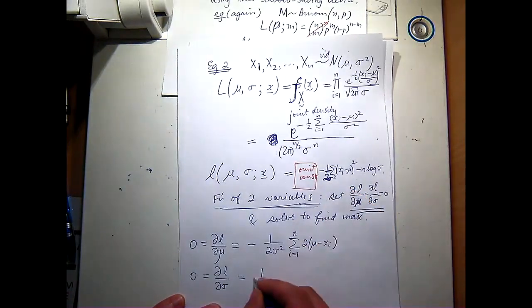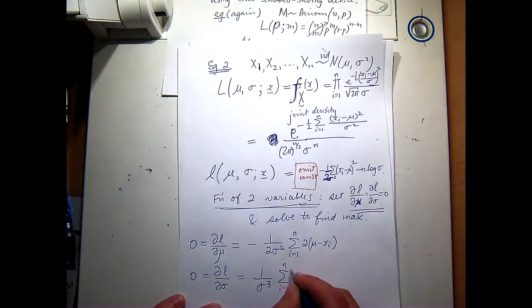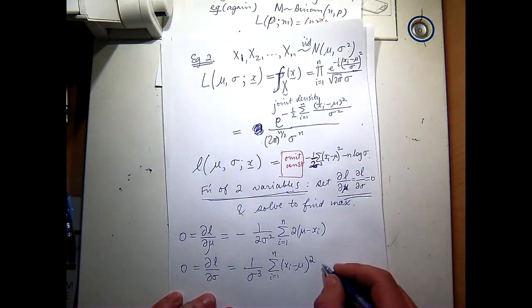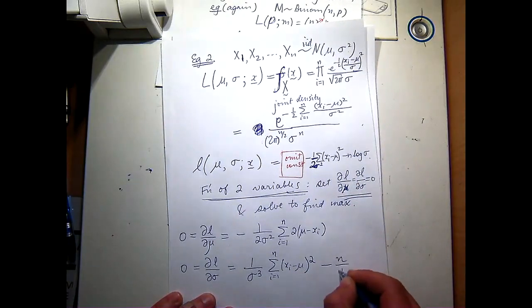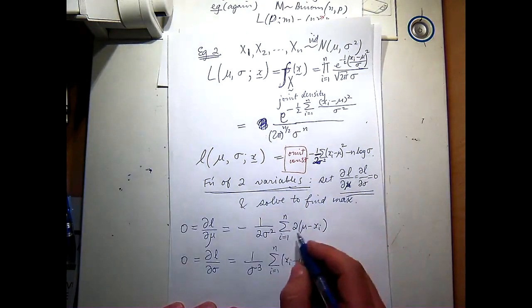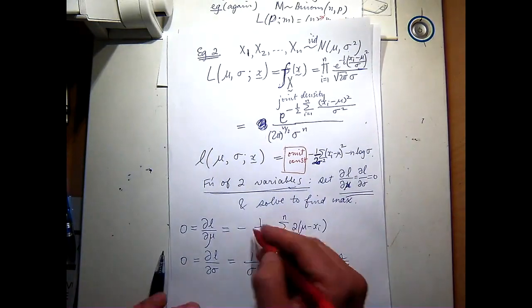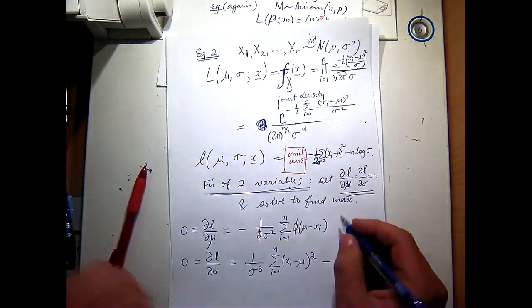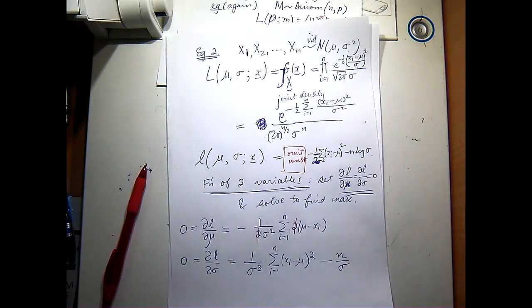That will become 1 over sigma cubed, sum from i equals 1 to n of (xi minus mu) squared, when you're differentiating that. And then the minus n log sigma will become minus n over sigma. By the way, we'll have a bit of cancellation of a 2 with a 2 here. So let's just solve these.